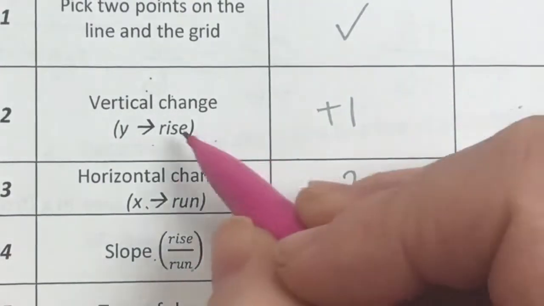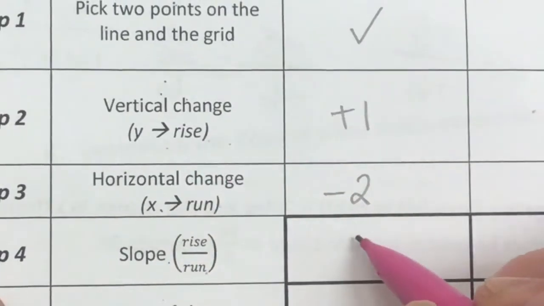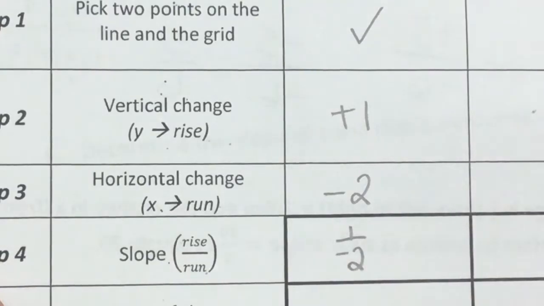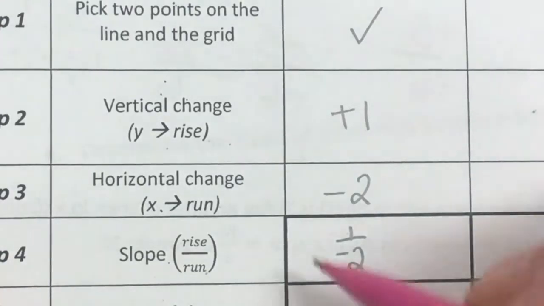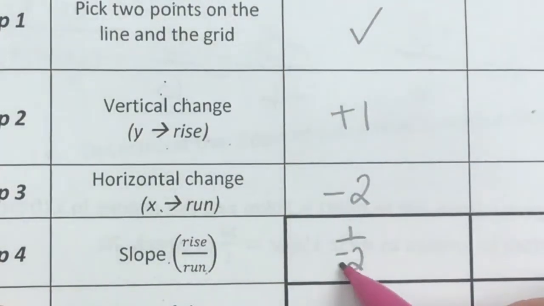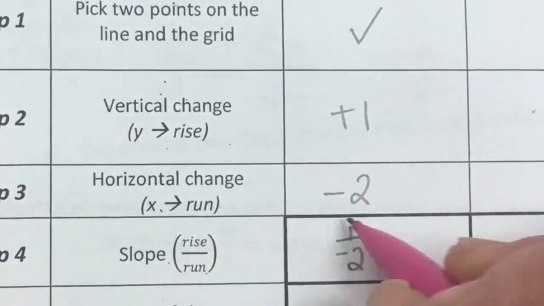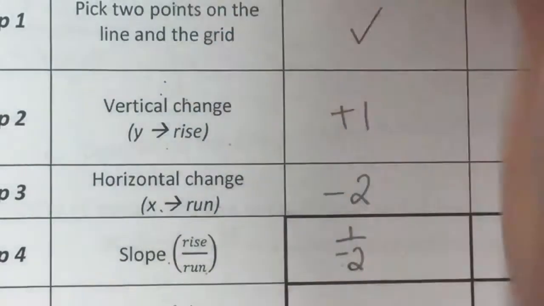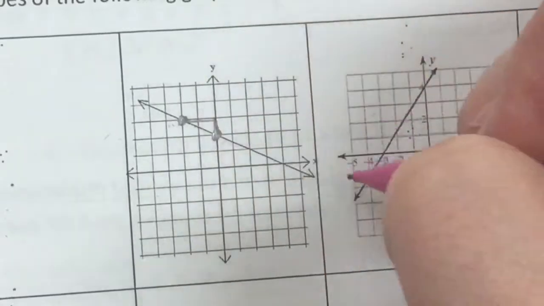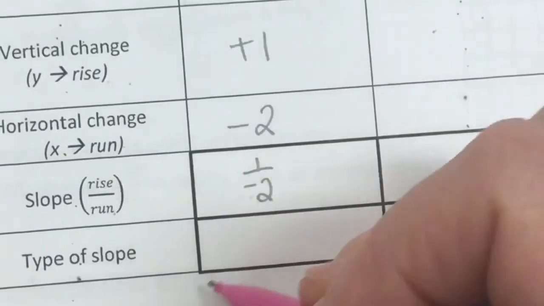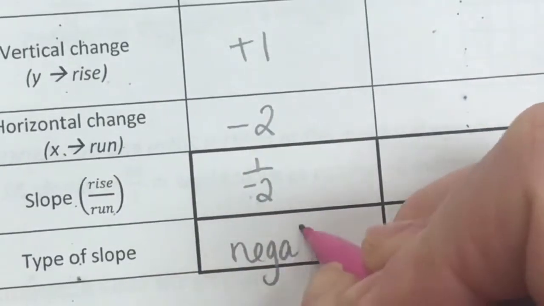My slope is my rise over my run, so I'm going to have +1 over -2, okay? And it's a negative slope because there's only one negative in the fraction, and it also is going downhill, okay? So that is a negative slope.